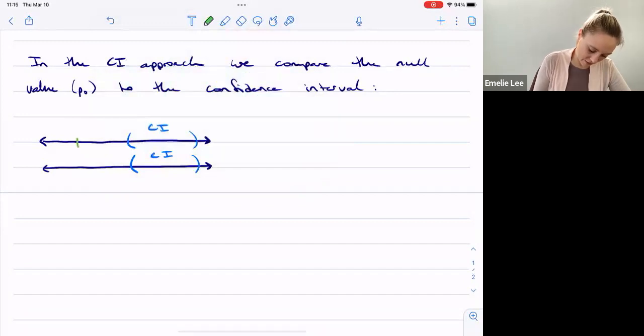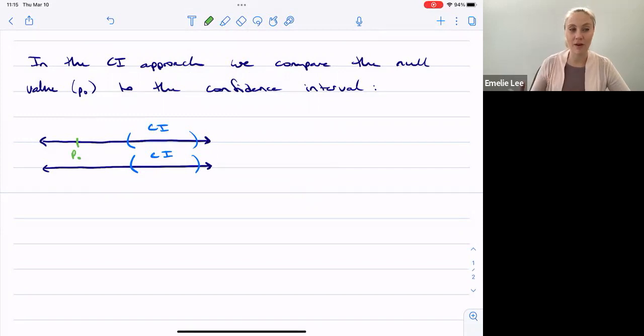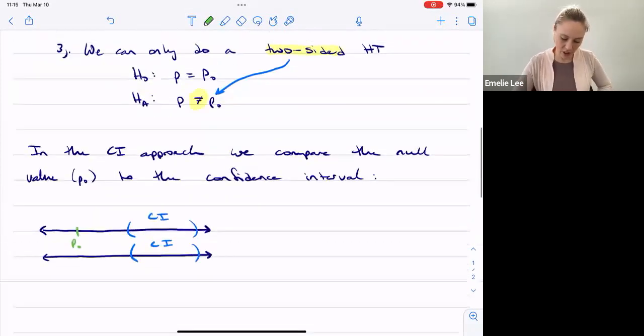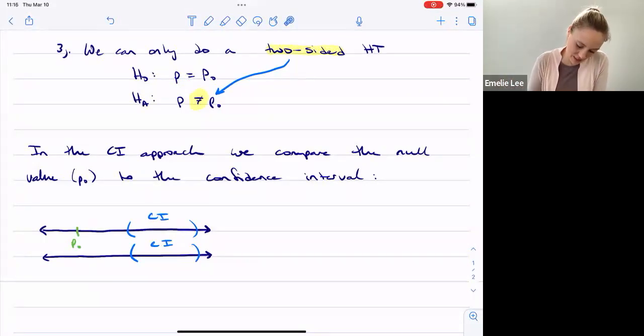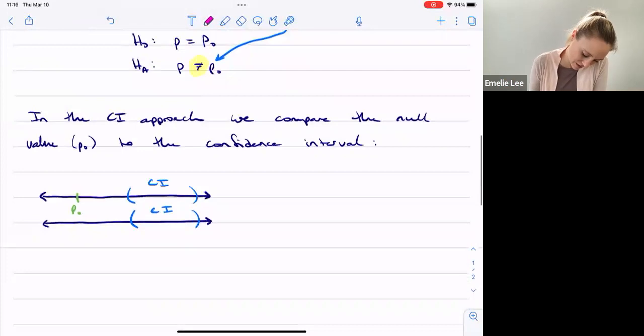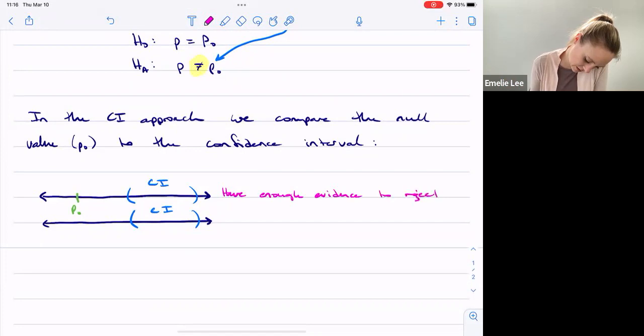If my null value, so if P naught is outside that interval, then I have enough evidence to reject H naught. H naught says that P is basically P naught, right? It doesn't have to be exactly equal to, but it's not significantly different from P naught. Okay, whereas here, these are all the reasonable values that we've found. If P naught is outside there, then we have enough evidence to reject H naught.